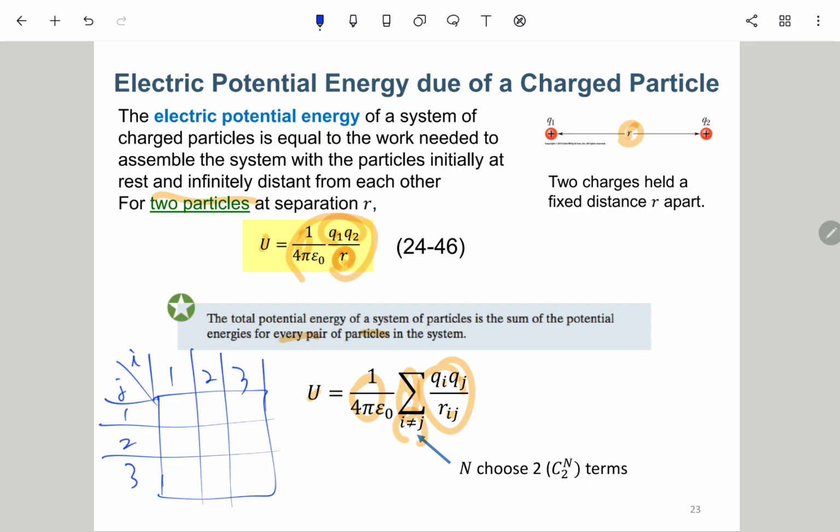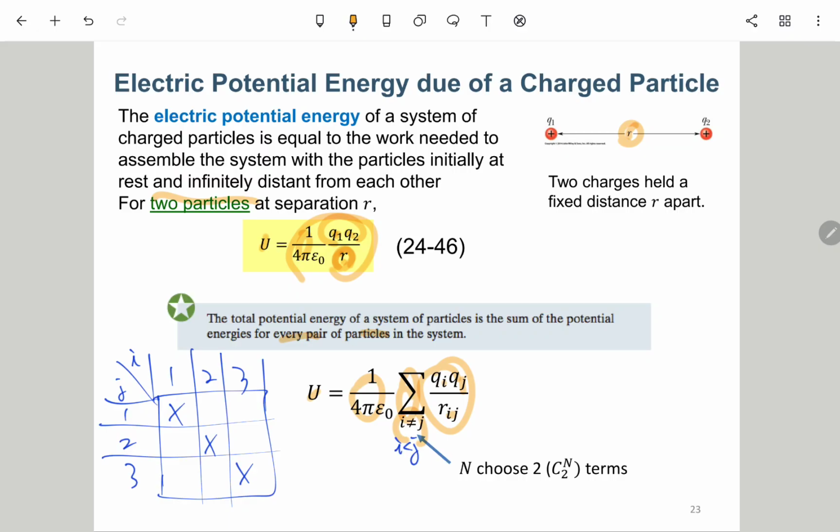What we want is i not equal to j, so we don't have these diagonal ones. We probably also need another criterion: i is smaller than j, or larger than j, depending on what you like.